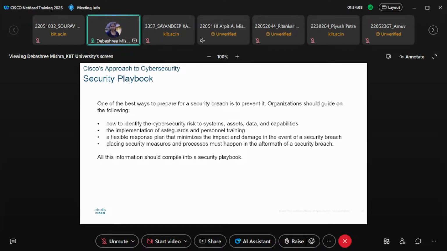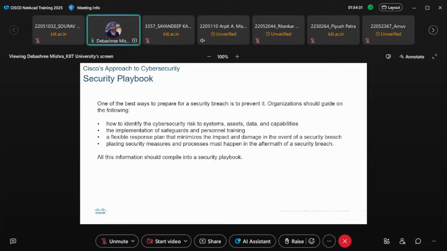First, we need to identify the cybersecurity risk to the system: the assets where the attackers might attack, the data, which are the important data, and the capabilities. For that we need to implement some safeguards, and personnel training should be done.